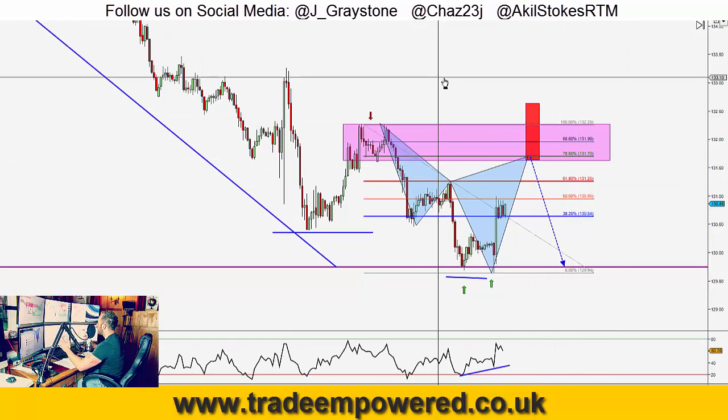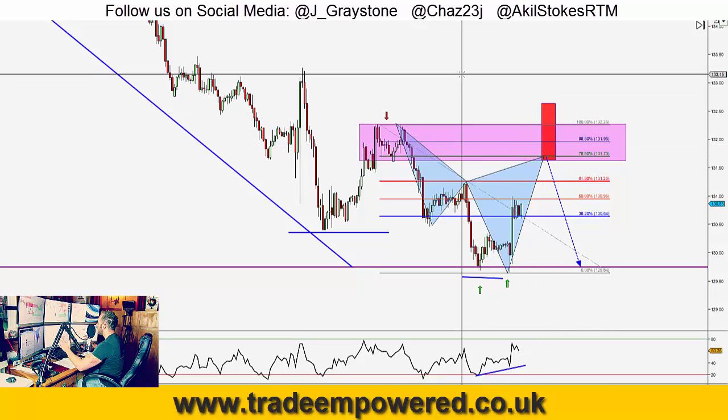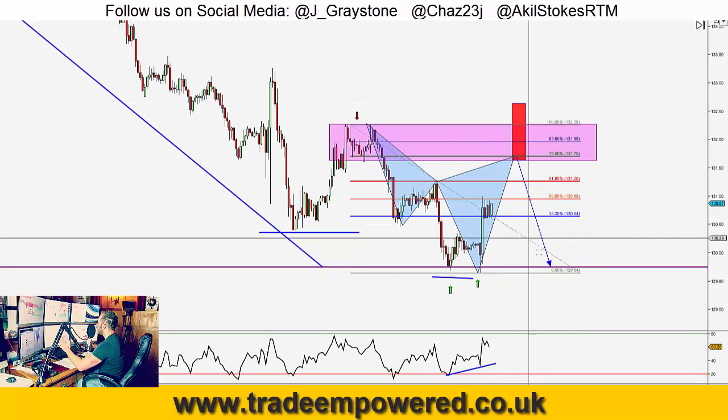But there you have it. There's a few ideas there to get involved in a trade, whether you're looking to get short or looking for this as a reversal.